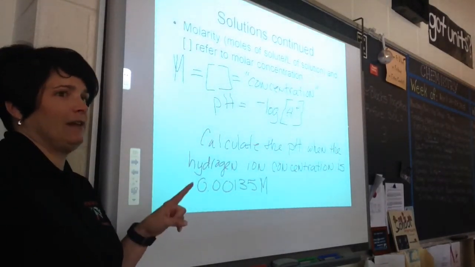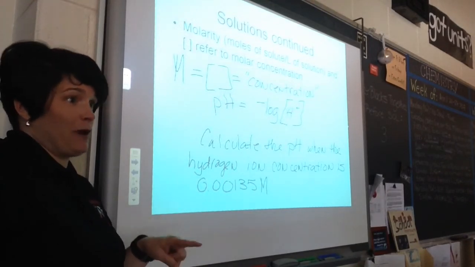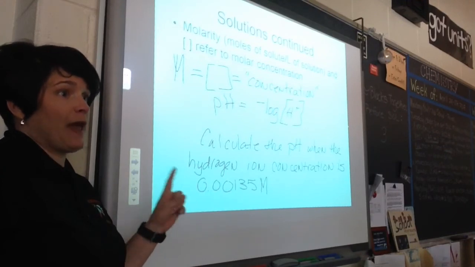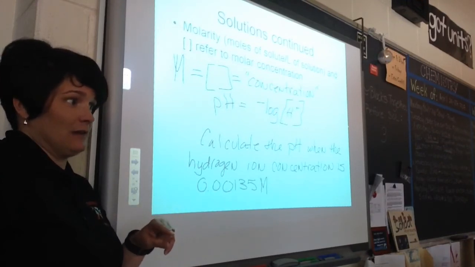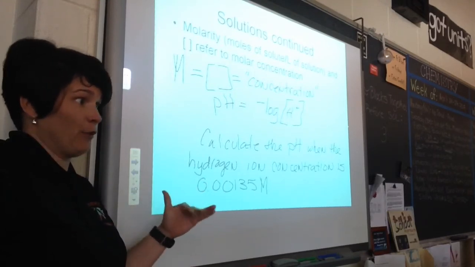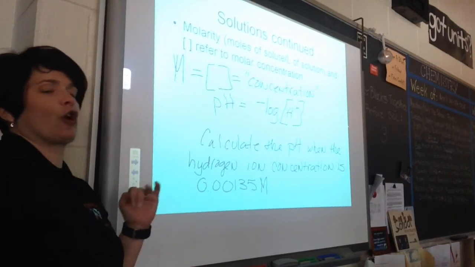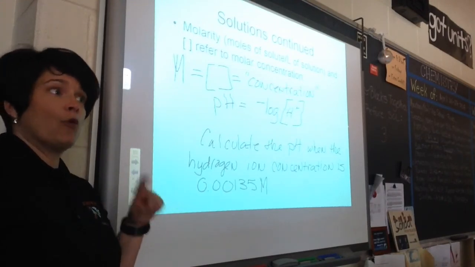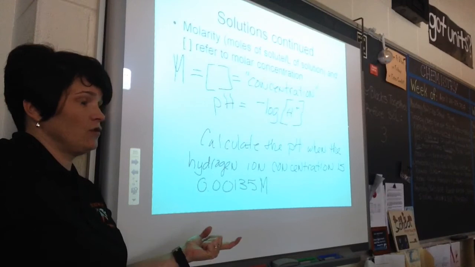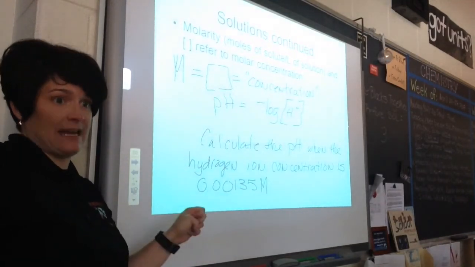We could calculate how many moles of sugar are in a cup and 3/4 and put that into however many liters that is, and how many moles of sugar are in a cup and a half, and the molarities would be different. The concentration of sugar would be different. The more solute there is per liter of solution, the higher the concentration, the higher the molarity.